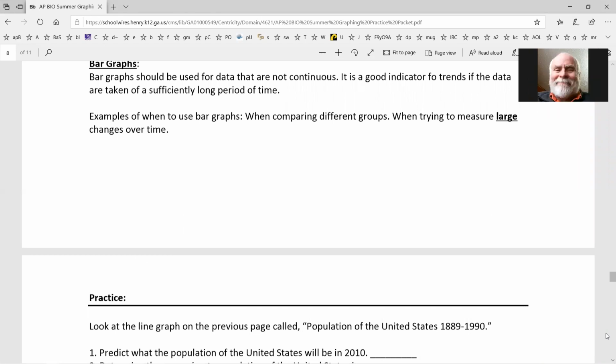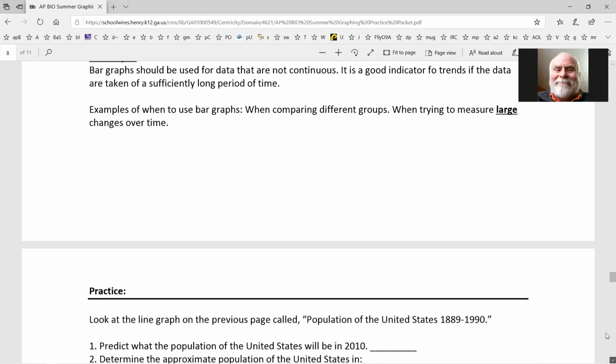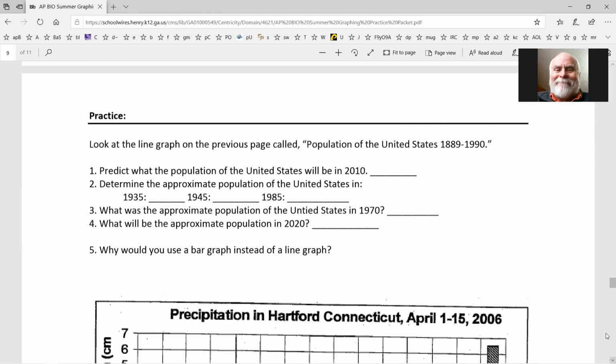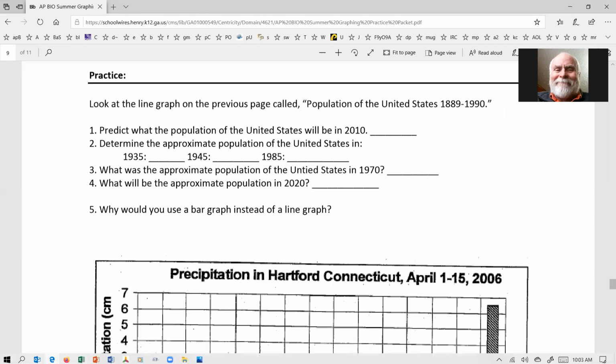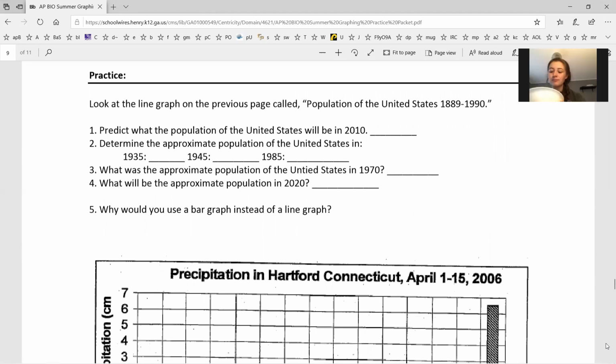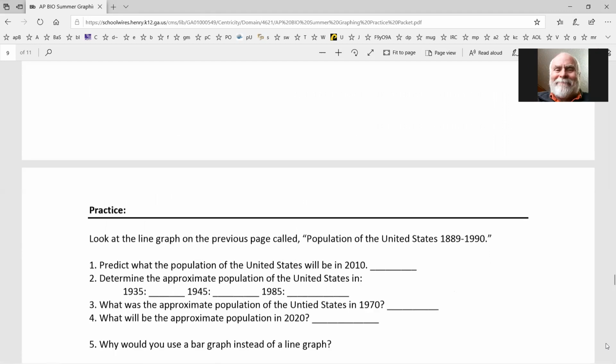All right, so practice. Page 9. Bar graph on the previous page. Look at the picture. Look at the predict the population of the United States would be in 2010.